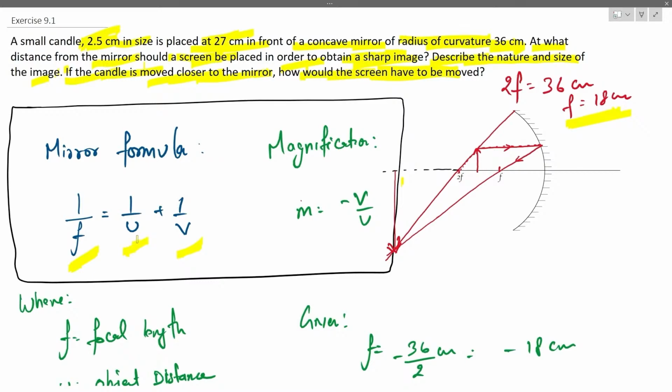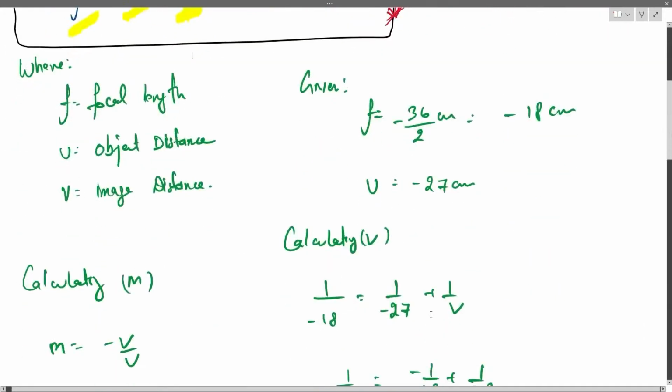Since the object is in front of the mirror, u is going to be negative, that is negative 27 centimeter. Using this formula, we can calculate the value of v, because only v is unknown over here. After we get the value of v, we can use it in the formula of magnification, which is minus v by u. So let's calculate the value of v first.